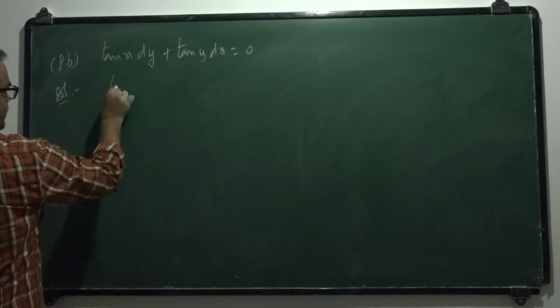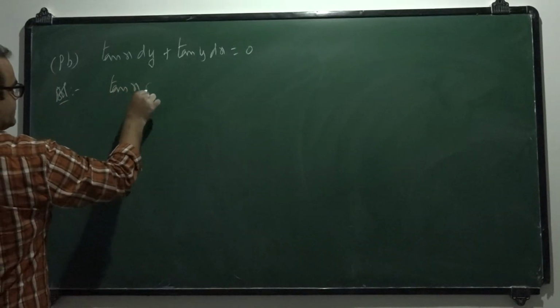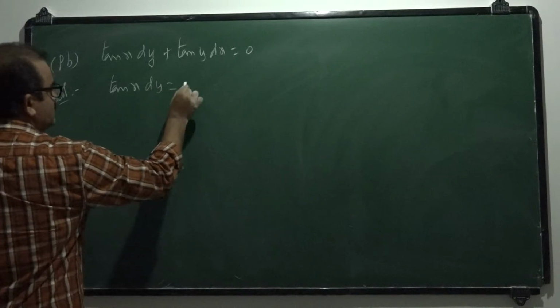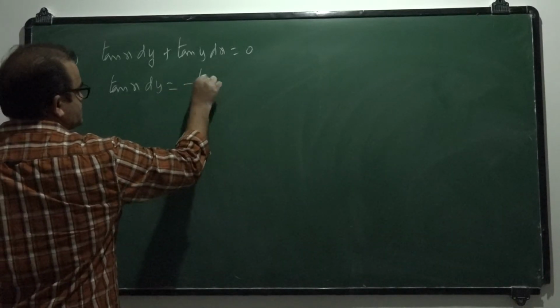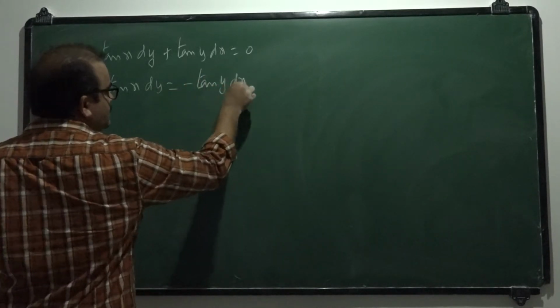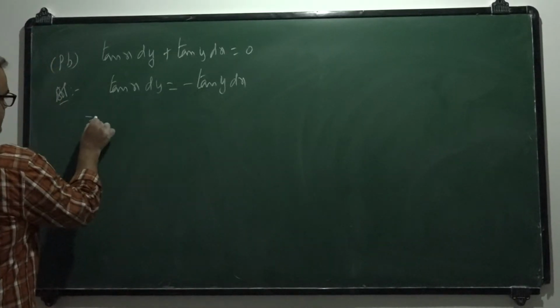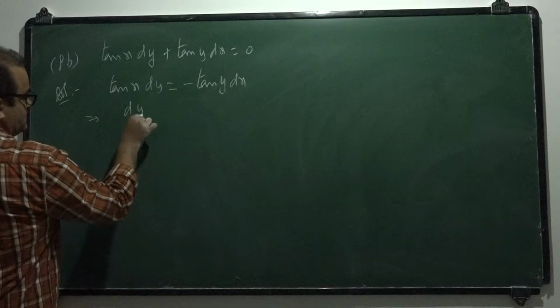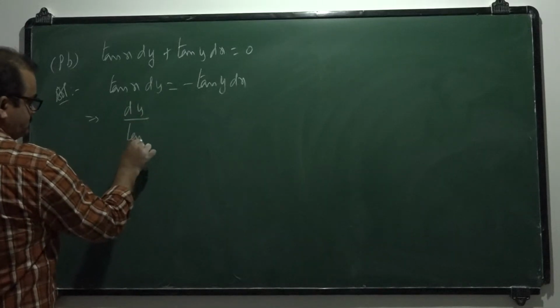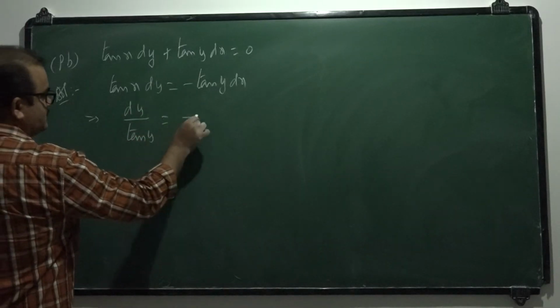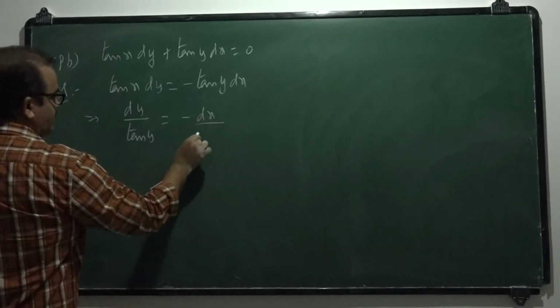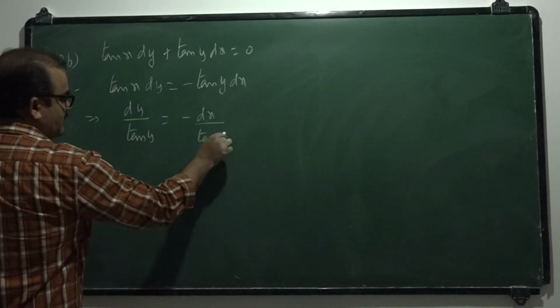Write the given problem as tan x into dy is equal to minus tan y into dx. Now separate the variables. Dy by tan y is equal to minus dx by tan x.